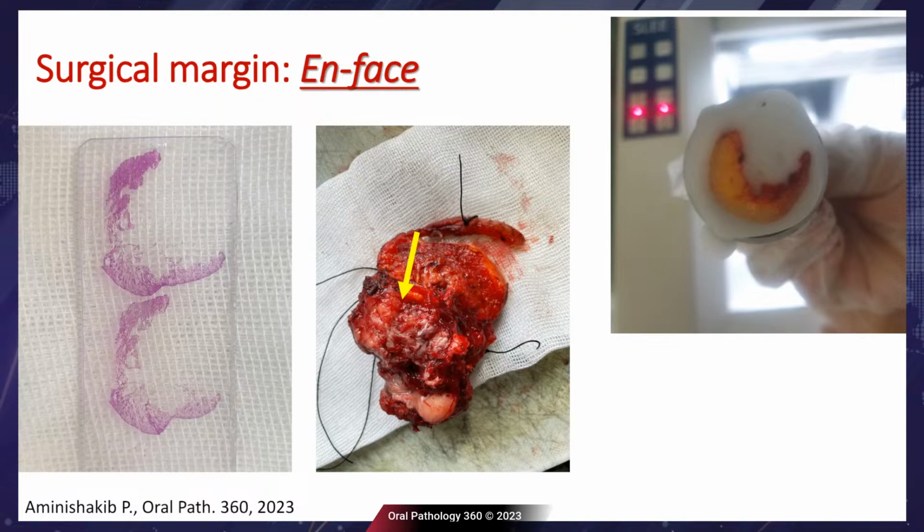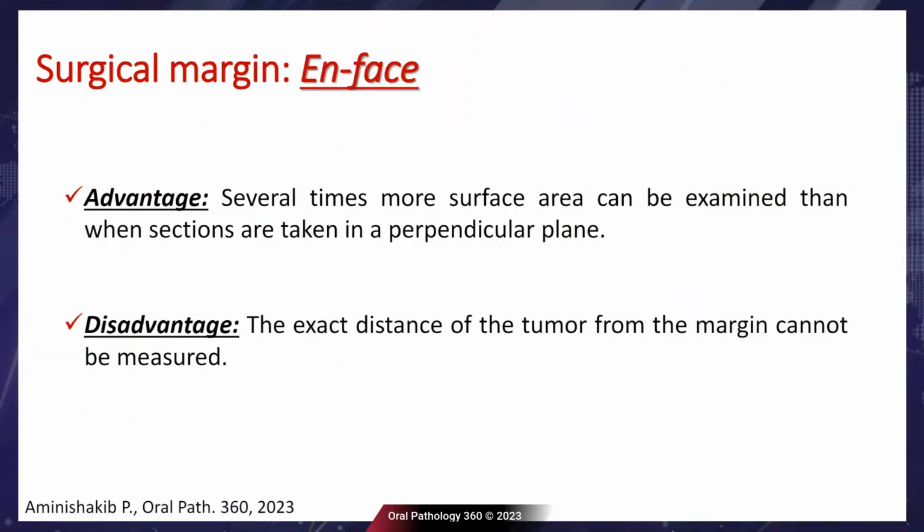Then you take an en-face margin. The advantage is that several times more surface area can be examined than when sections are taken in a perpendicular plane. The disadvantage is that the exact distance of the tumor from the margin cannot be measured.